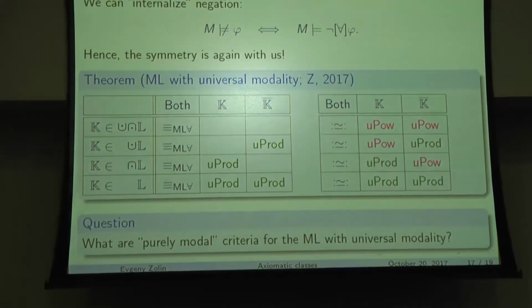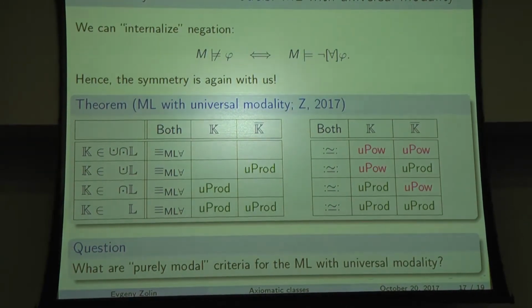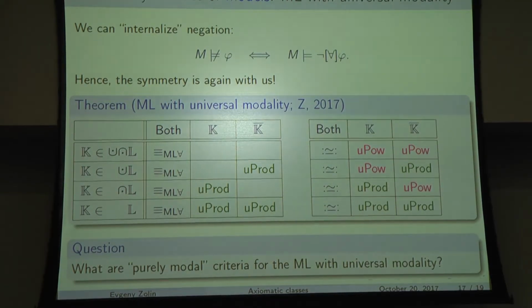Like the Goldblatt-Thomason theorem: a class is modally definable by a possibly infinite set of modal formulas if and only if some conditions hold. Moreover, these results are usually restricted to elementary classes, not to arbitrary classes. And results of this kind are obtained for several modal languages, but I'm not aware of any results for other lines, in particular for the basic modal language.